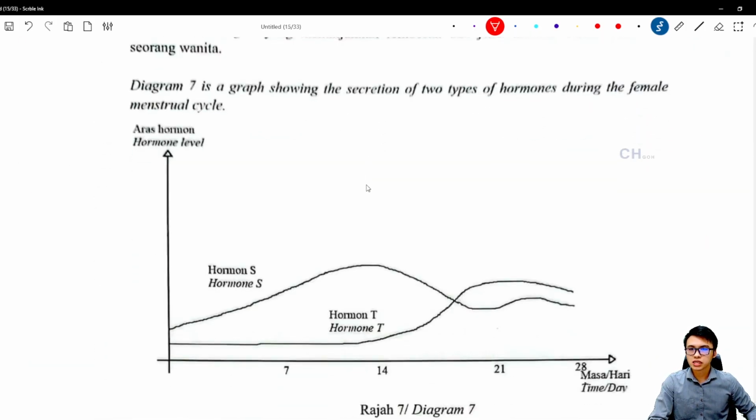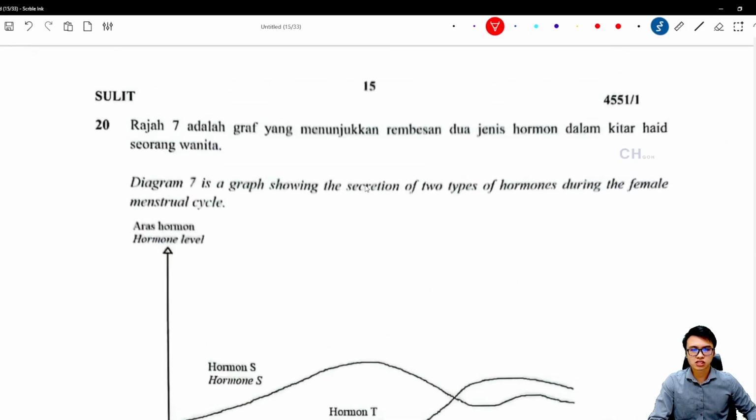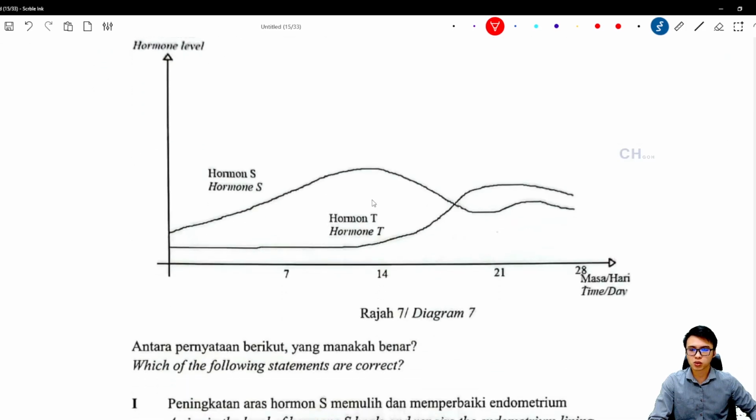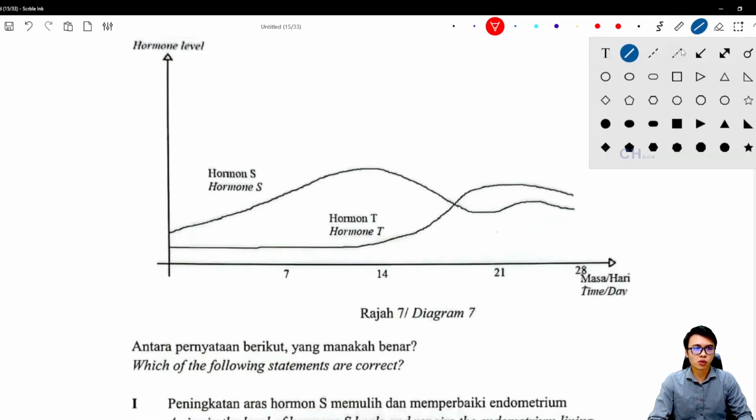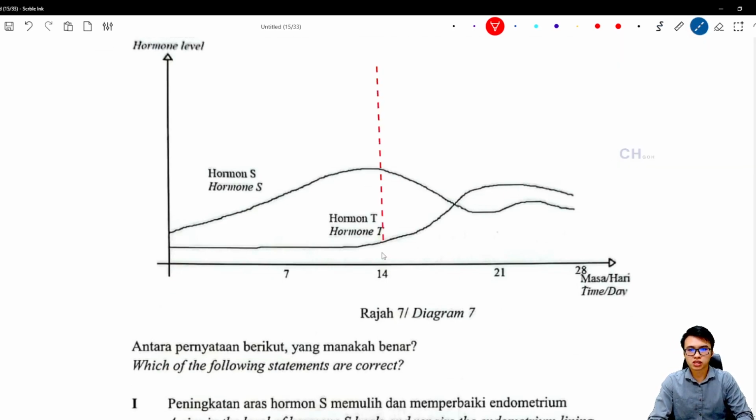Question 20. Diagram 7 shows a graph of the secretions of two types of hormones during a female menstrual cycle. We look at hormone S and hormone T. What I do when I see this kind of question is divide the graph into half based on day 14. Before day 14, that means before ovulation, hormone S increases, but hormone T increases after ovulation.